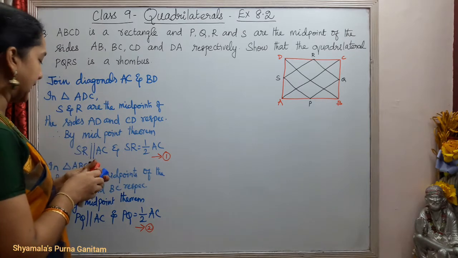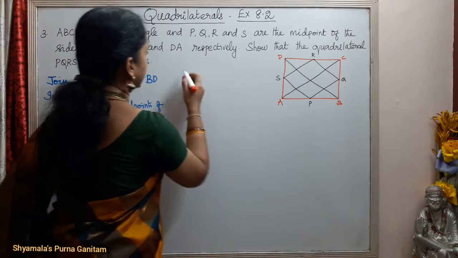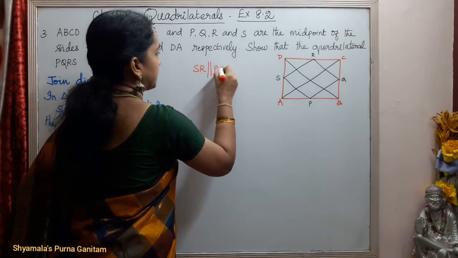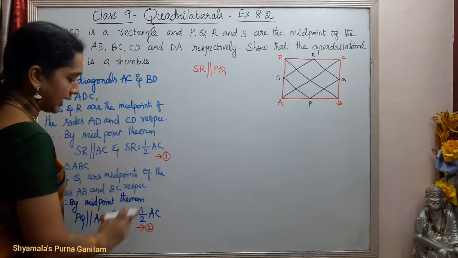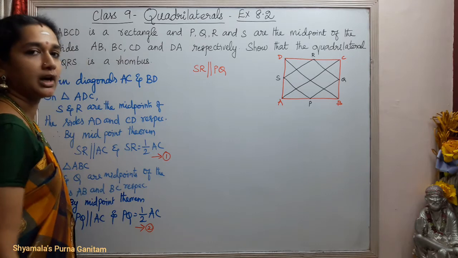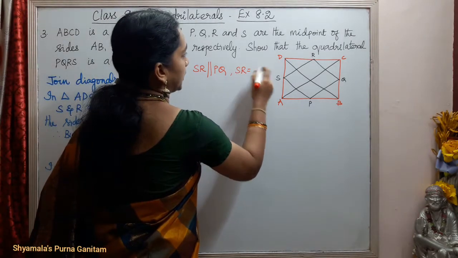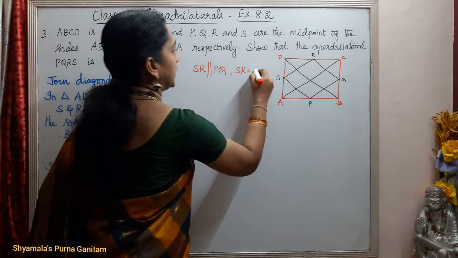So we can say that SR is parallel to PQ. SR is equal to half AC and PQ is equal to half AC, so SR is equal to PQ.